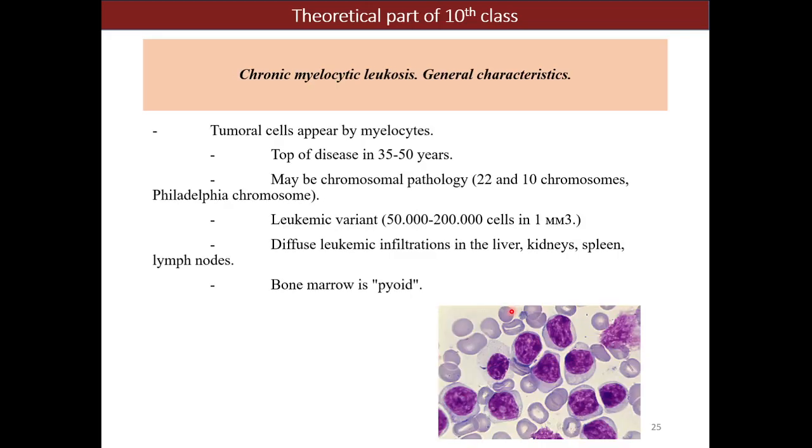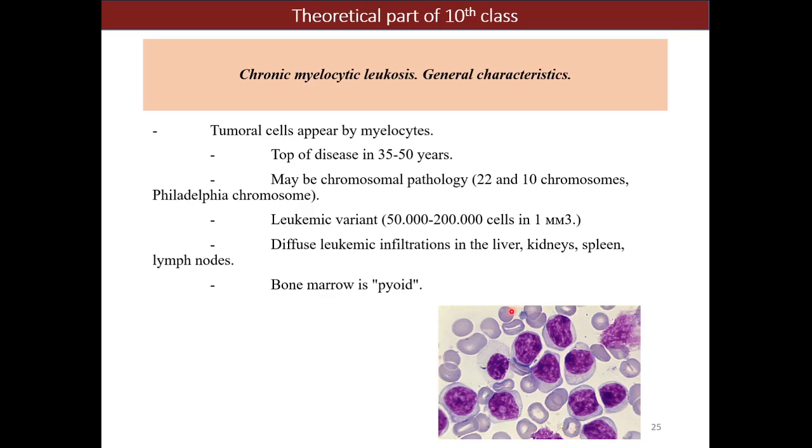Chronic myelocytic leukosis. The tumoral cells are myelocytes. It manifests in middle age, from 35 to 50 years old, and may be a chromosomal pathology, associated with derangement of the 22nd and 9th chromosomes and the Philadelphia chromosome.